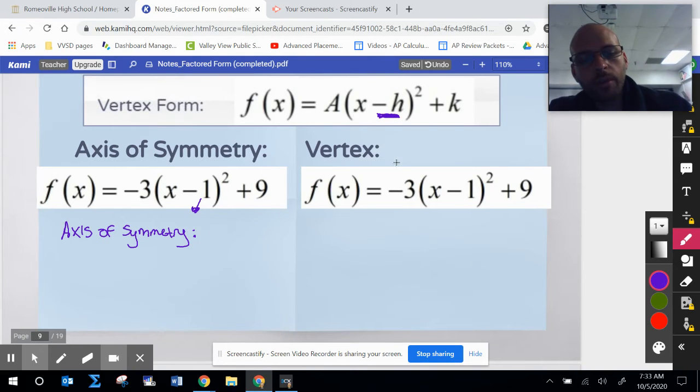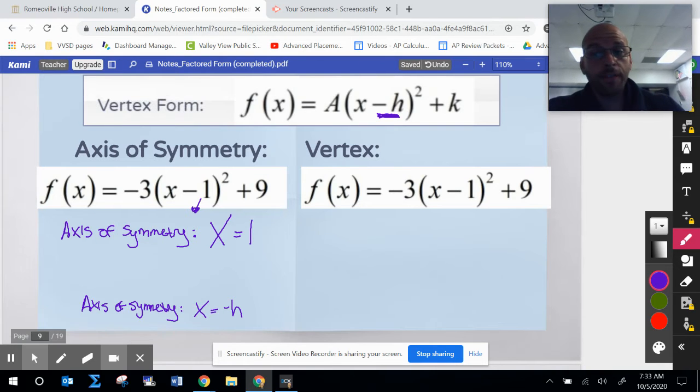Now, you have to be careful because it is minus 1 in there, but we want to take the opposite, always the opposite. So I would use a positive 1. So for your notes purposes, your axis of symmetry, when we're dealing with vertex form, is always x equals the opposite of h. Slightly different than standard form. Remember, there's a formula for standard form. When it's in vertex form, we're going to do the opposite of the h value.